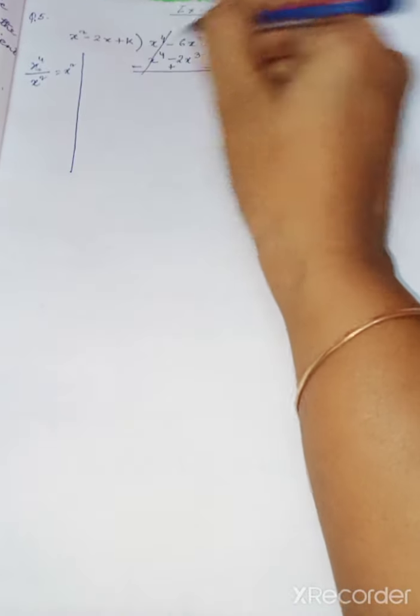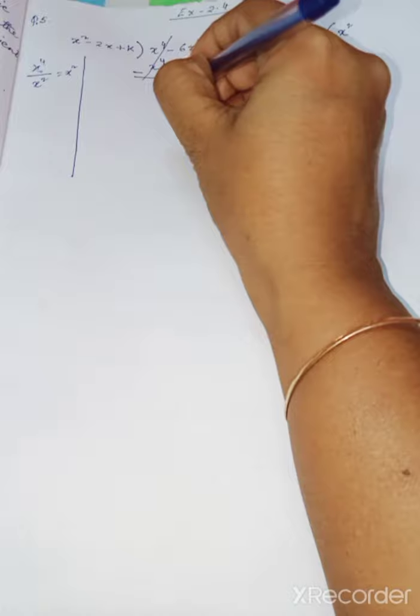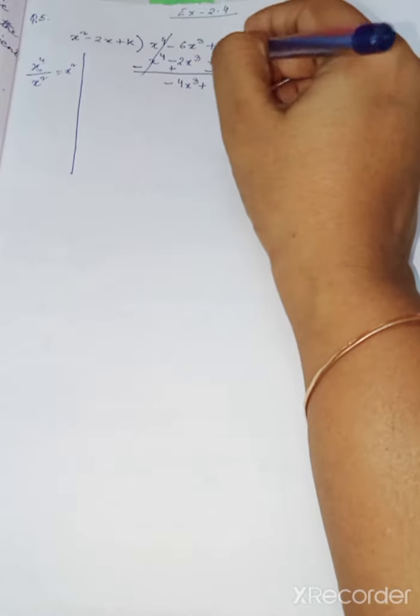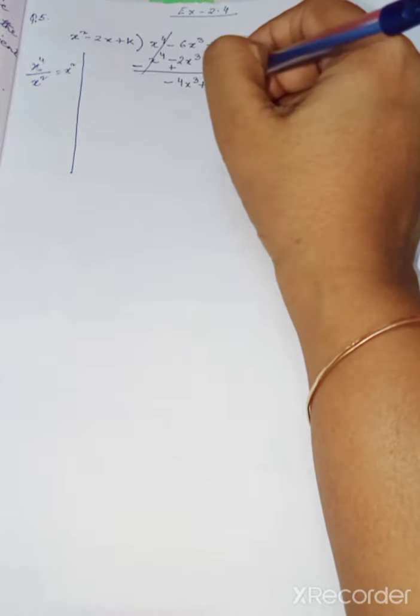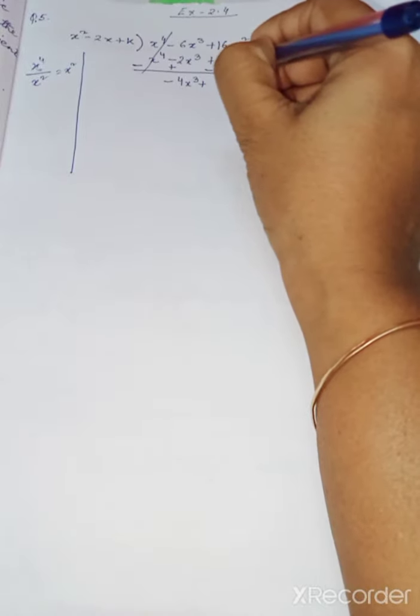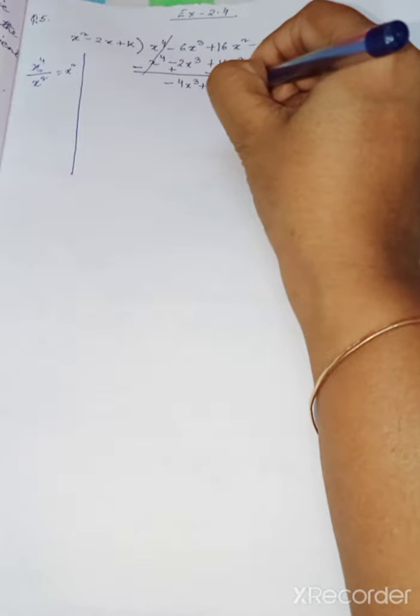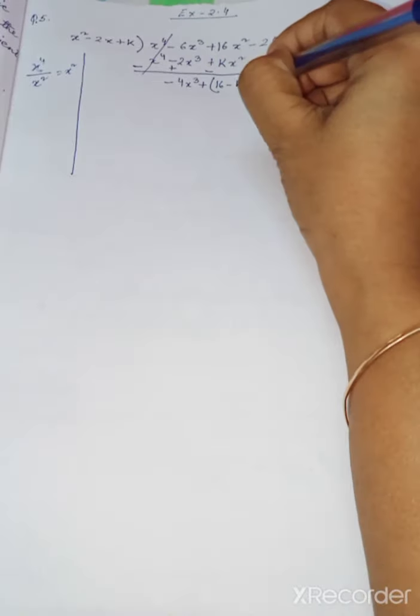After subtracting, this will cancel out and we will get minus 4x cube plus 16 minus k. Always remember, whatever we write, if it has two terms, we write the positive one first and the negative one second. You can take x square common here.